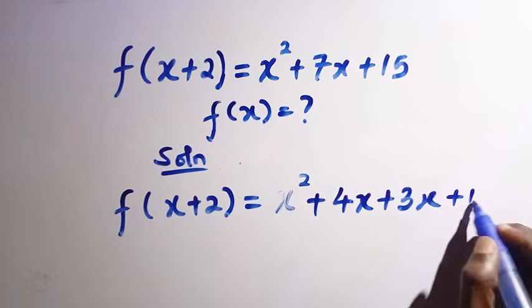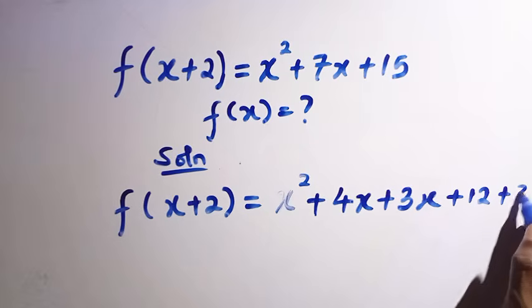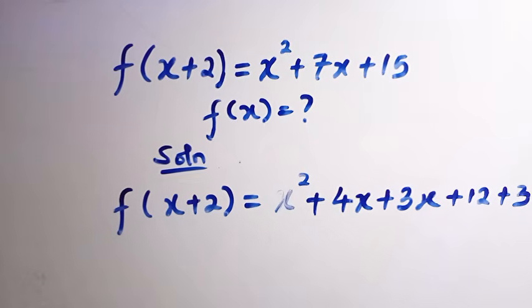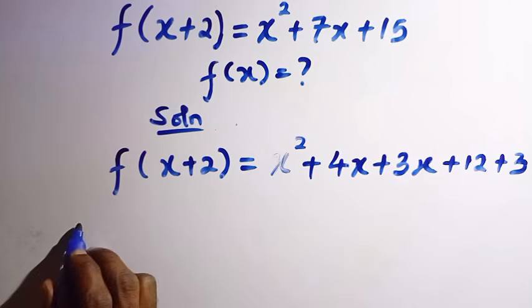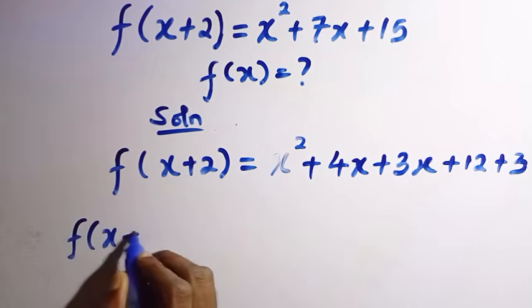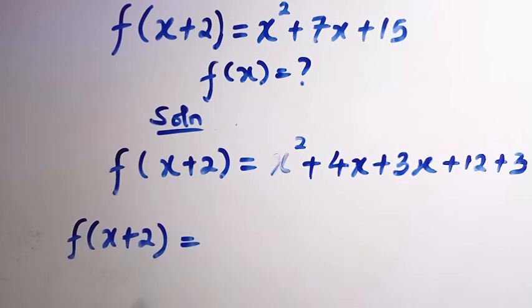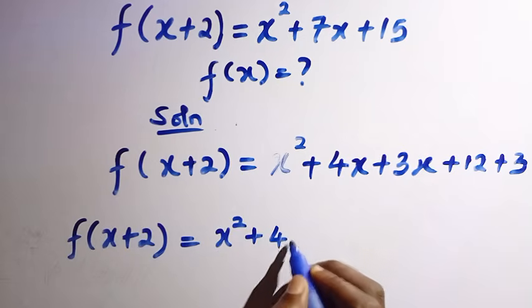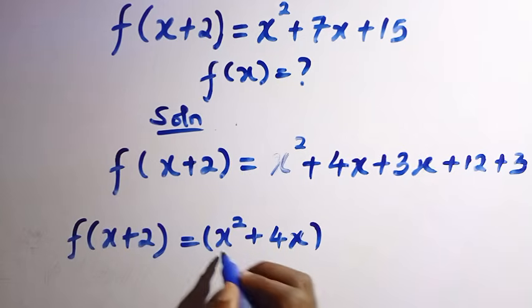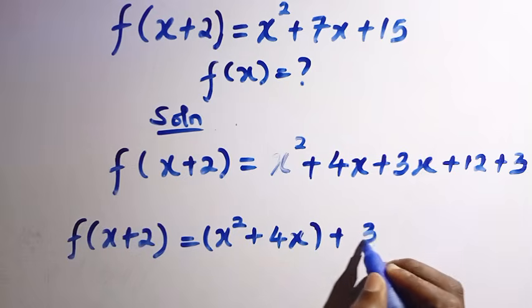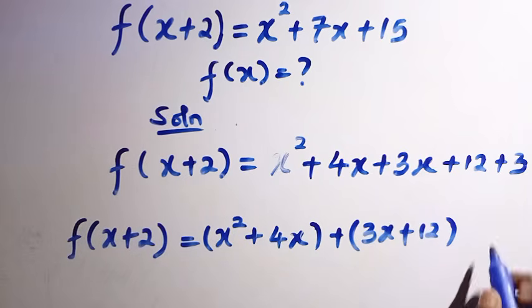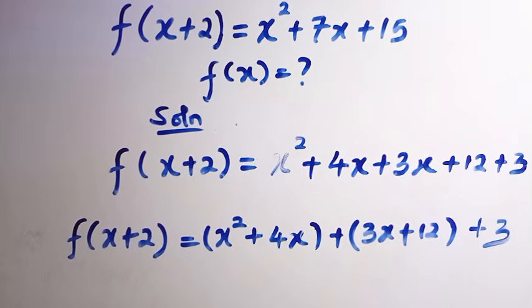So I'm going to add 12, then plus 3, since 12 plus 3 gives us 15. Therefore, we have f of x plus 2 equals x squared plus 4x in a bracket, and 3x plus 12 in a bracket, then plus 3 separately outside.